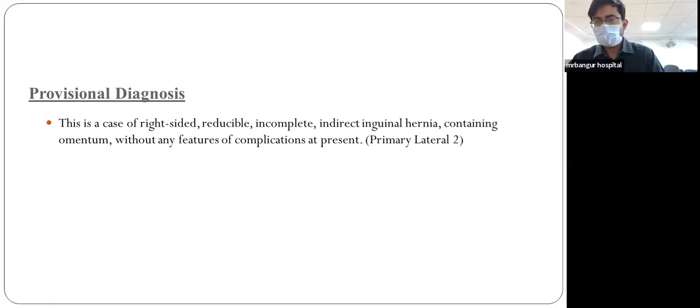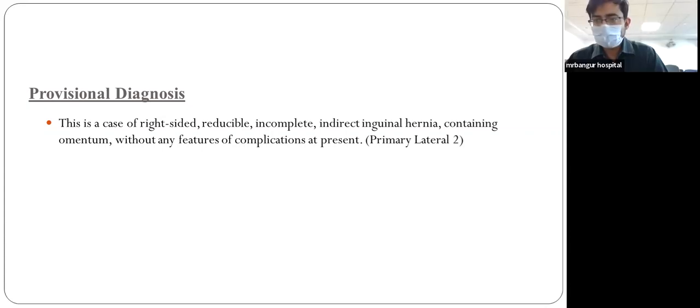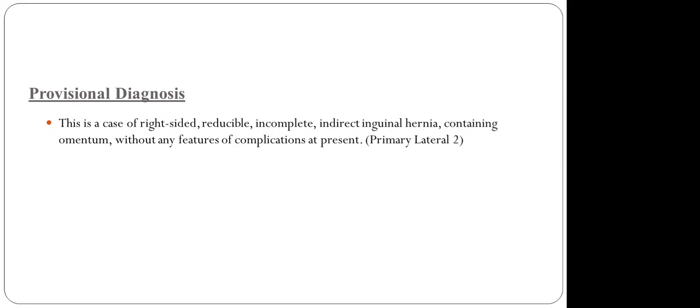But in case of viable gut, it will be normal, light pink color. And anything else? Peristalsis will be felt. And you can see the pulsation of the attached mesentery also.